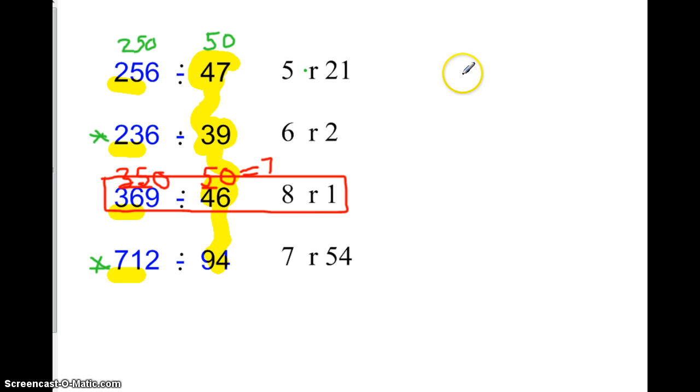So now this is pretty interesting. Watch what happens. So 369 divided by 46, right? And I'm thinking 7. That's my estimate. So am I thinking 36 divided by 46 is 7? No, I'm thinking 369 divided by 46 is 7.